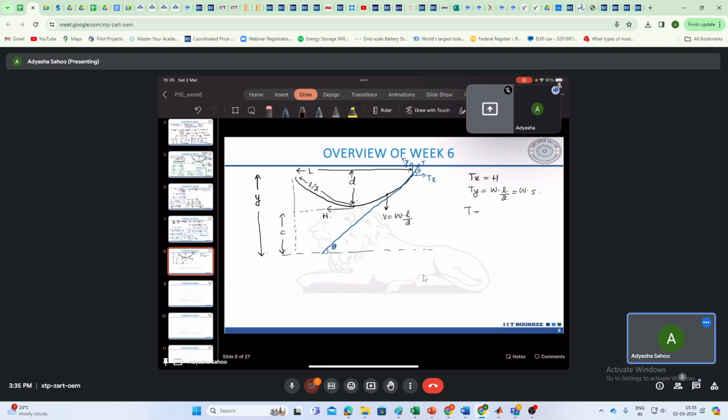So the total tension we can calculate as the square root of H square plus V square, and this H you can write as W times C. So this will come as W times the square root of C square plus S square.